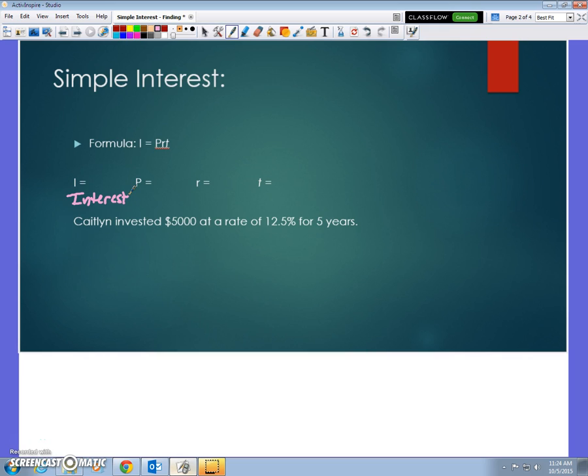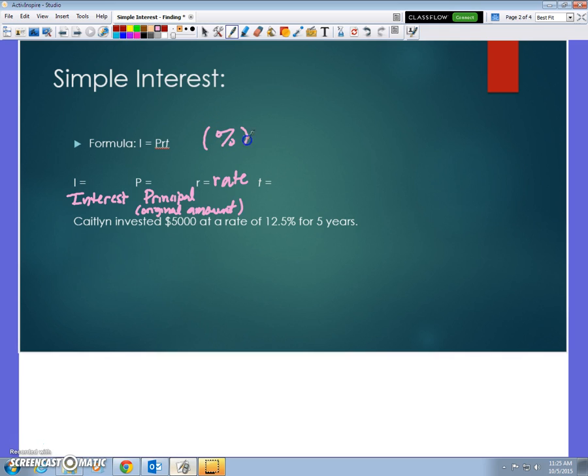P is principal. Not principal like Ms. Isaacson, but principal like how much money you start with, or the original amount. R is a tricky one. R is the rate, and I'm going to put some little notes in there.